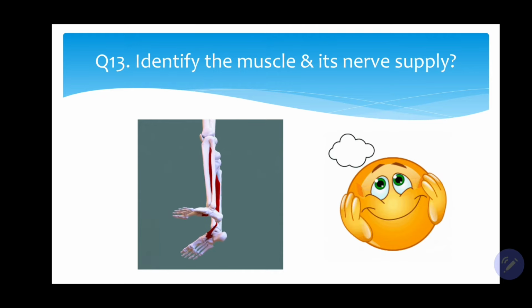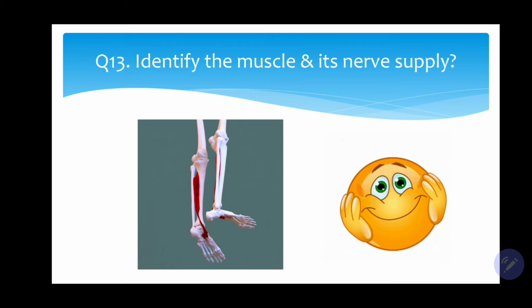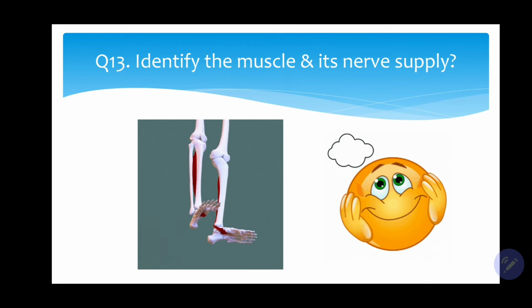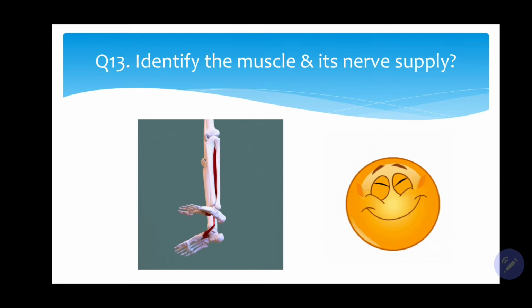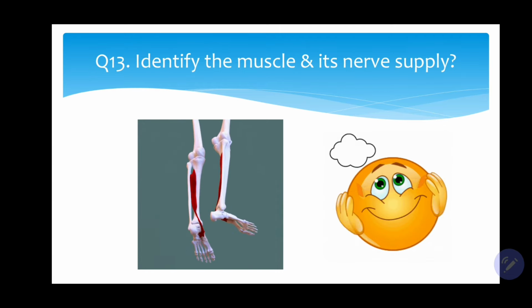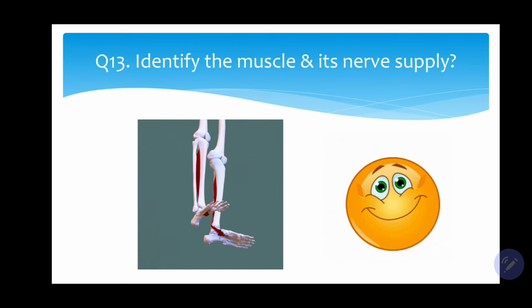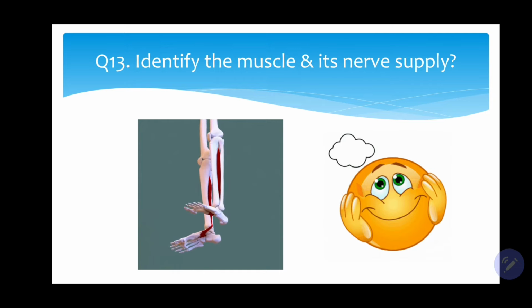Then if you take a transverse section at the mid of leg, then you will find that it is the centrally placed muscle in the leg, right? So the deepest muscle of the back of leg, otherwise you can call it the centrally placed muscle in the leg, is tibialis posterior. Got it?